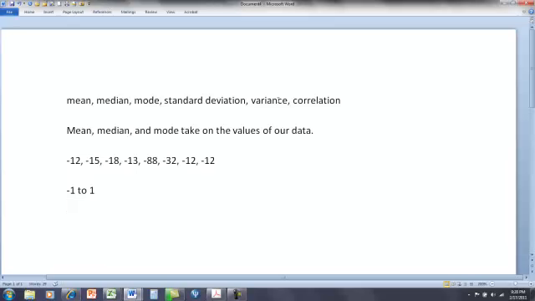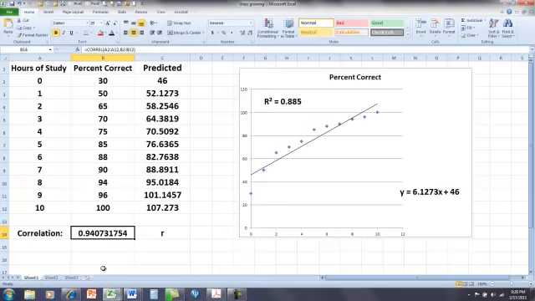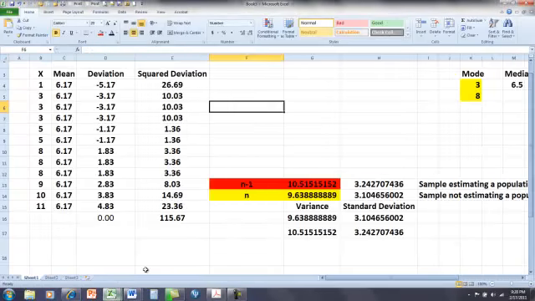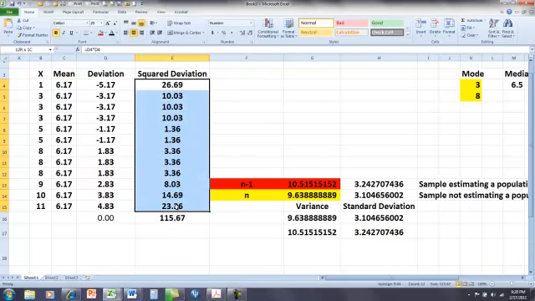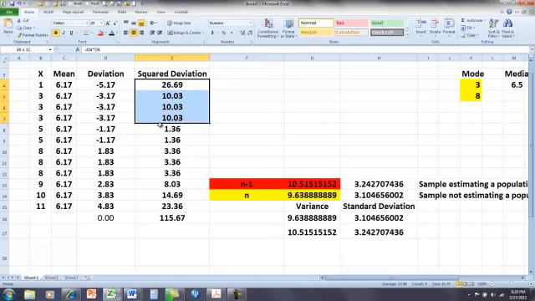So which values cannot take on negative values? It would be the standard deviation and the variance. And why is that? Well, if we go back and look at a recent example, to compute the variance means that we find deviations, all of which can take on negative values or positive, but we square them, and there are no negative values here in the squared deviation.